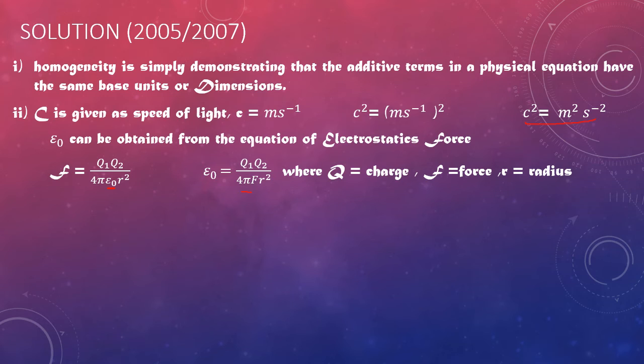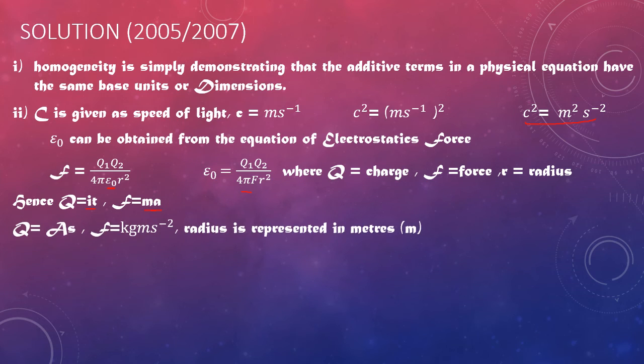So now, let's find the base unit of epsilon naught. We know that Q equals IT, which is charge equals current times time. F equals MA. So Q is going to have unit AS, where A is ampere and S is seconds.